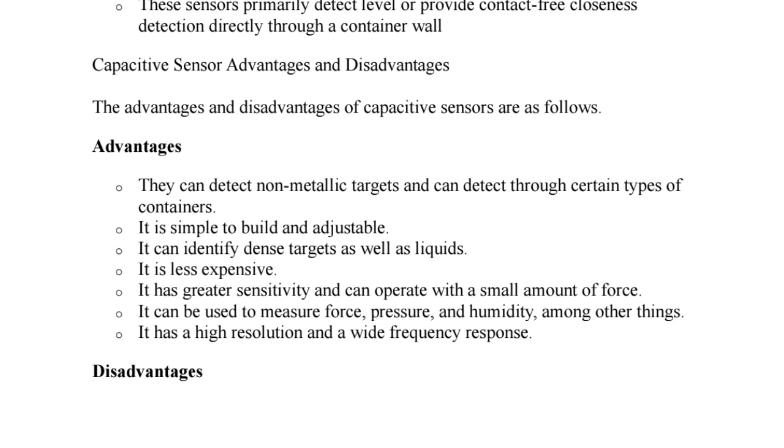The main advantage of capacitive sensors is that they can be used with non-metallic targets, they can be built adjustable, they can identify dense targets as well as liquids, they are very inexpensive, they need only a small amount of force, and they provide high resolution and wide frequency response.